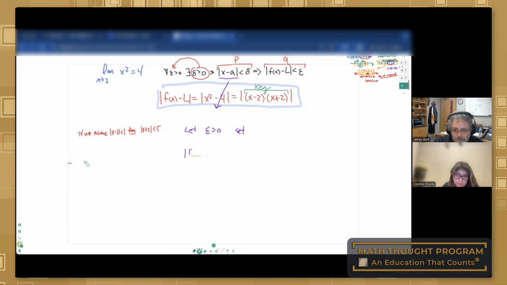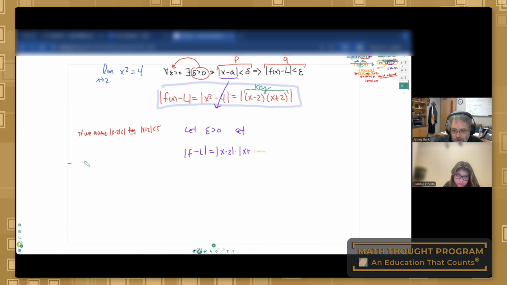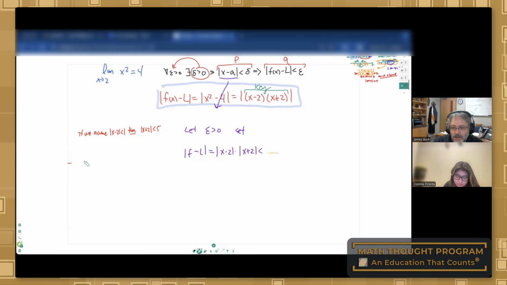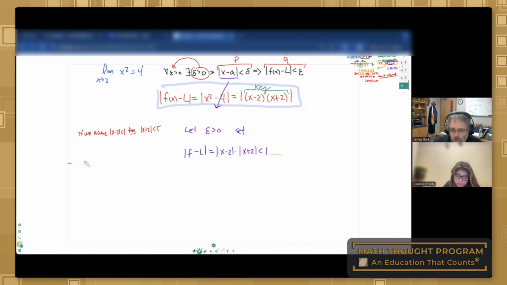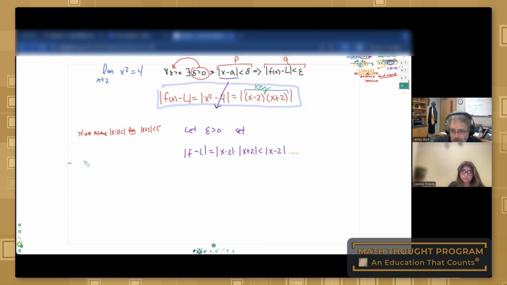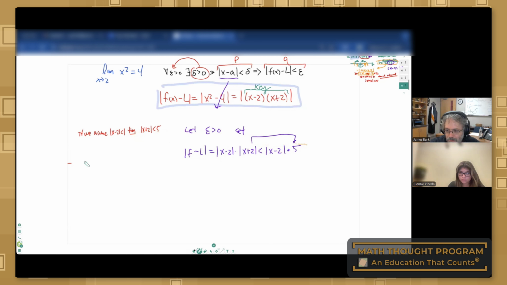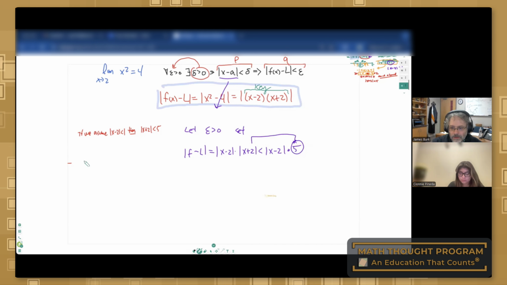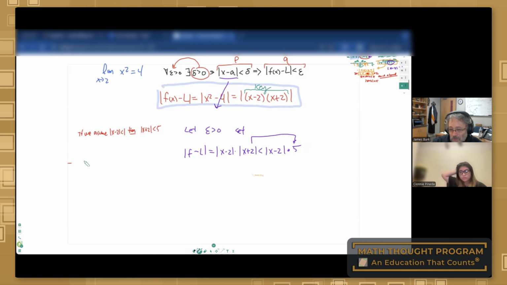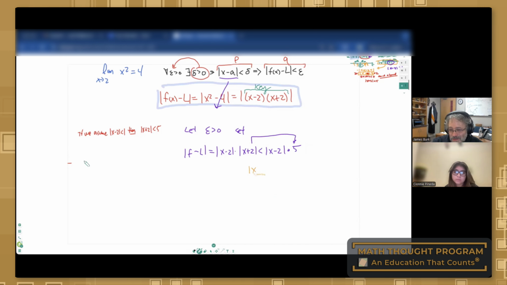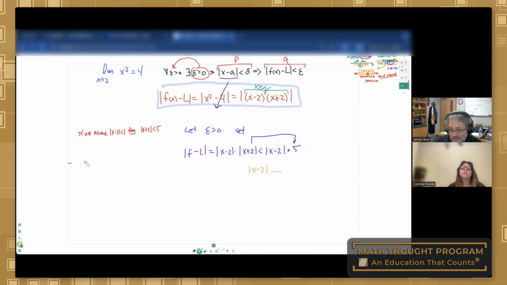Here's my f minus L. We found this out. And when I look over here, I know that always, always, always the x plus 2 is bounded above by 5. And what I really want is I want the x minus 2 less than some delta.